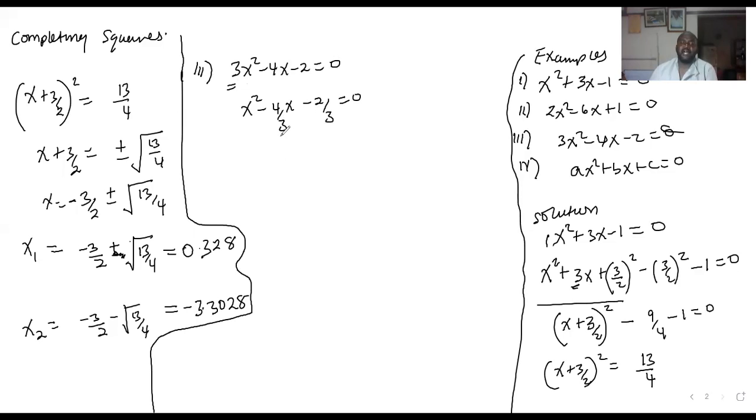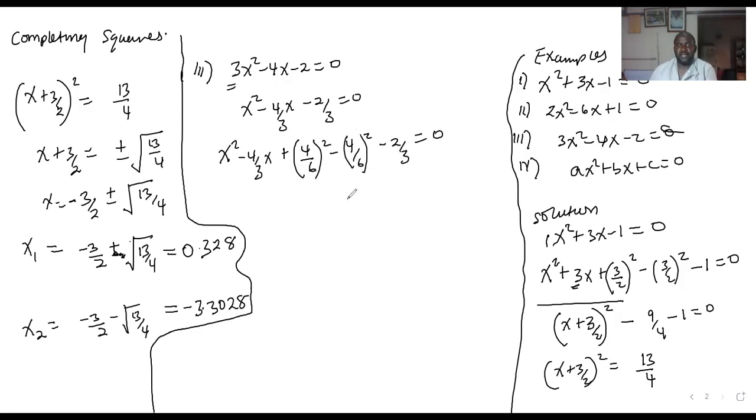Now go ahead and half the coefficient on x by saying x squared minus 4 over 3 of x plus 4 over 3. When you half the 4 over 3, you get 4 over 6. Then square it and subtract by itself. Minus 2 over 3 is going to be equal to 0.